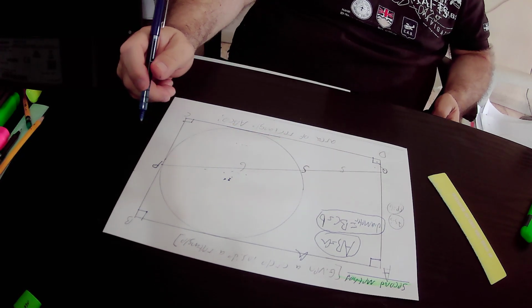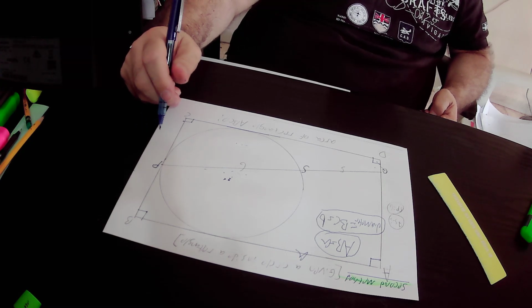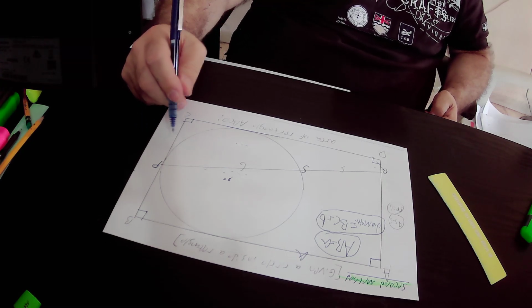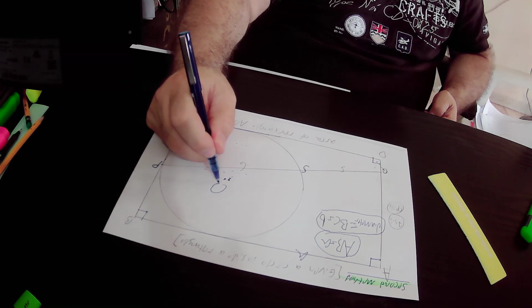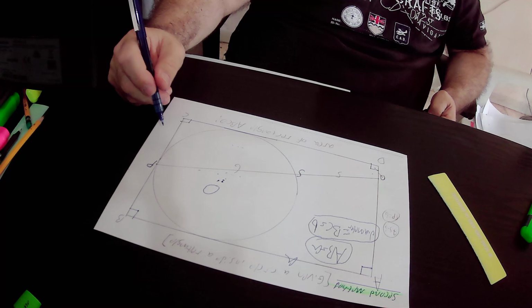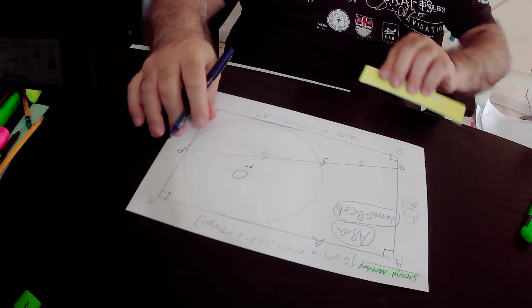We define the center of the circle as O. We join points P and O together by a straight line.